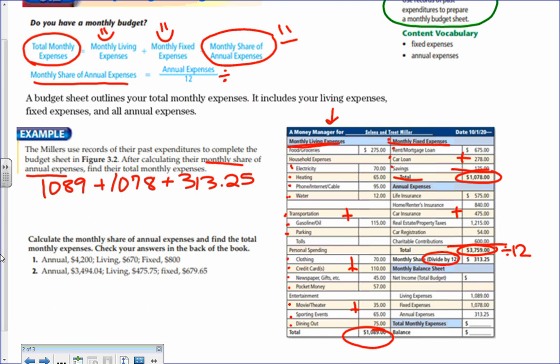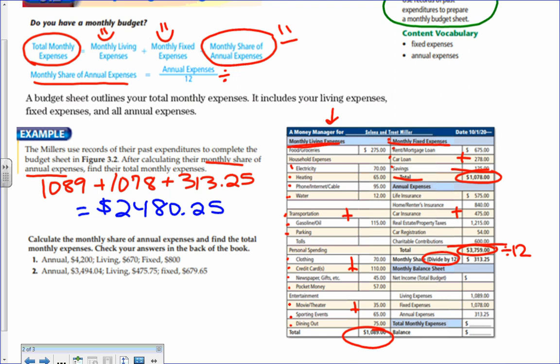All right, so we add all these together. So in our calculators, 1,089, 1,078, 313.25, we get $2,480.25.